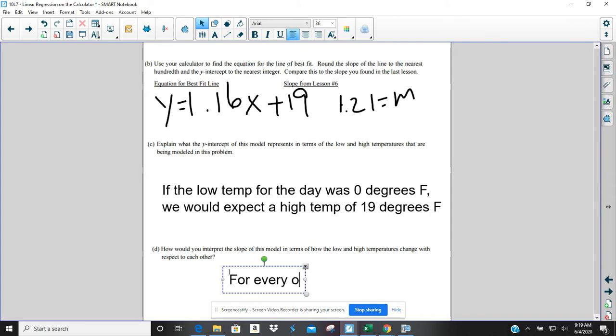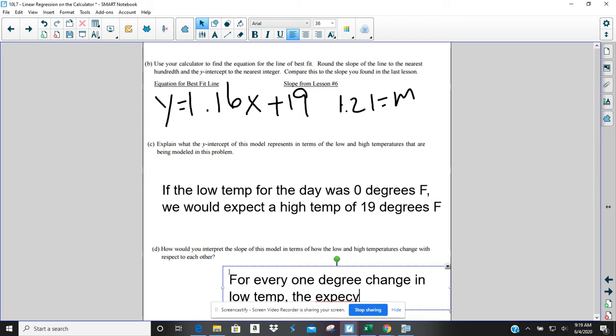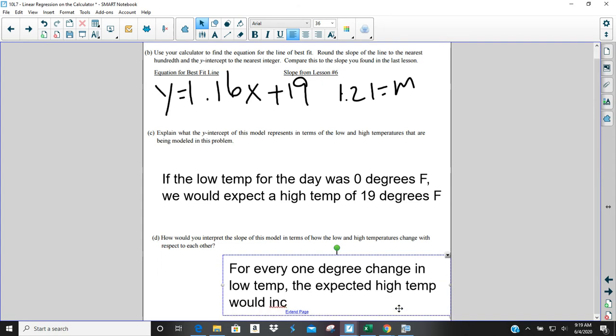So what I'm going to do is I'm going to say for every 1 degree change in low temperature, the expected high temperature would increase by 1.16 degrees Fahrenheit. Okay.